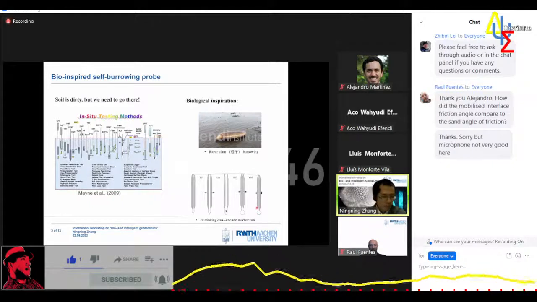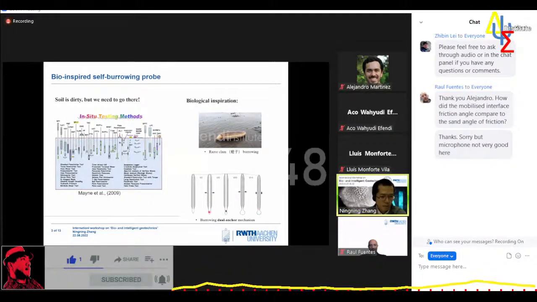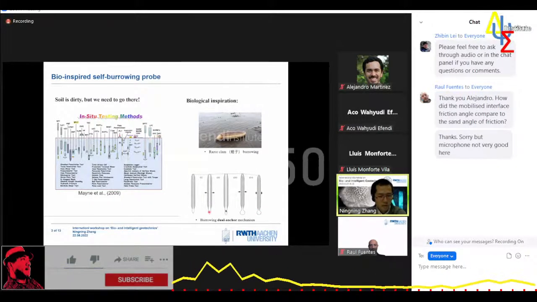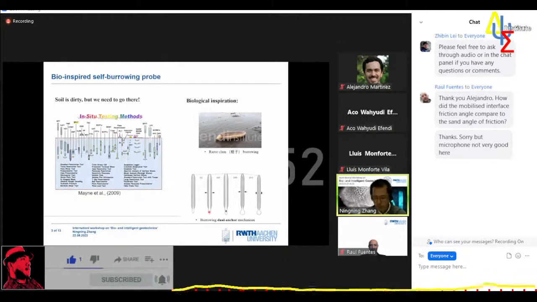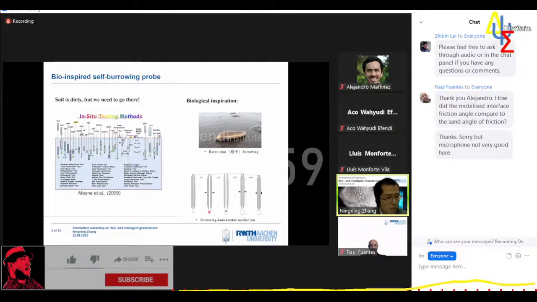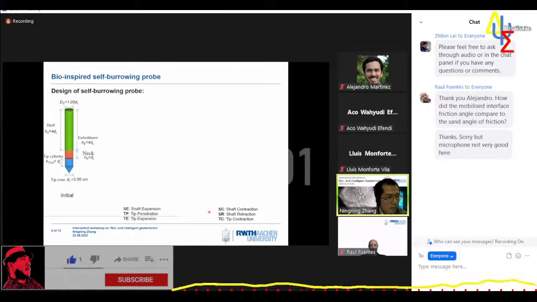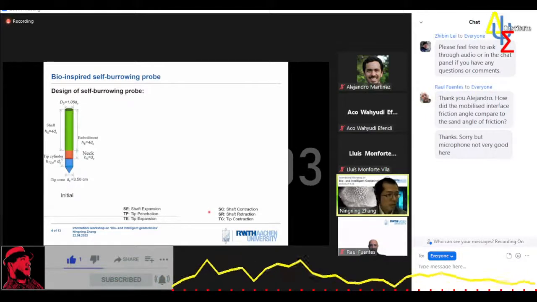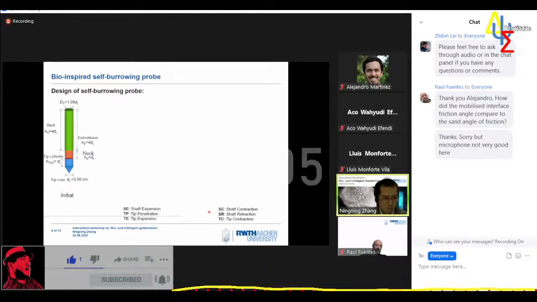So this is the self-boring mechanism of clams. It looks quite simple, and based on it, we design a self-boring probe.